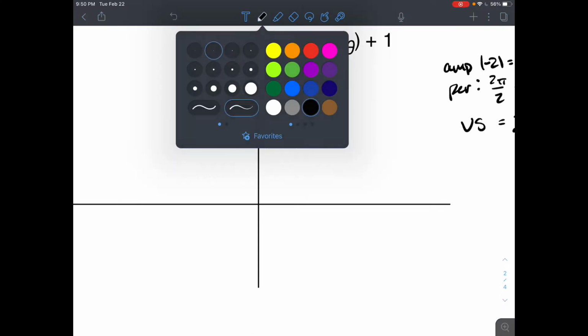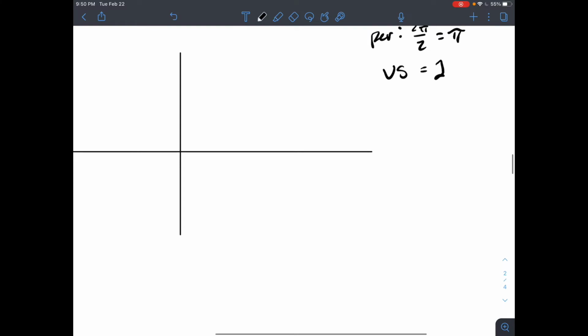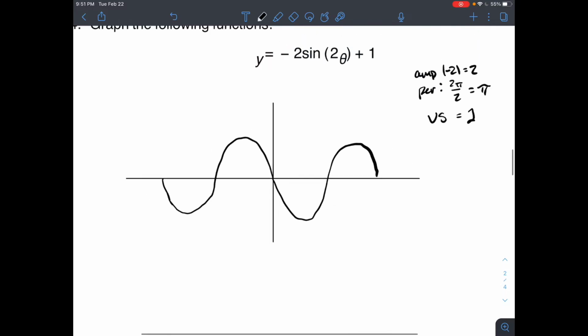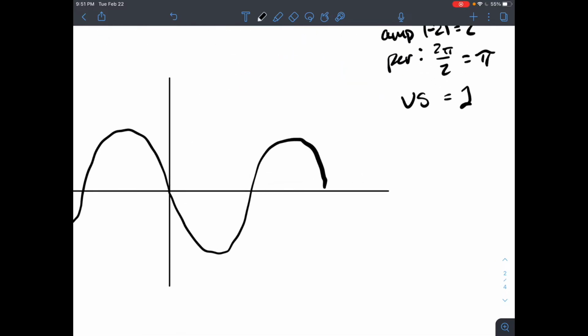Let's use, actually just use black to start out. Really shaky looking graphs. I don't like drawing squiggly lines in this program that I have. So our period is pi. Go ahead and fill in our critical points.